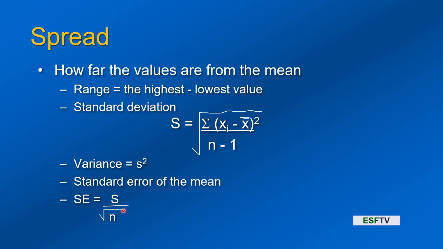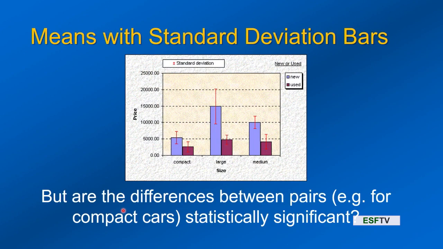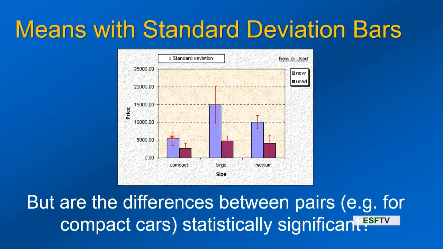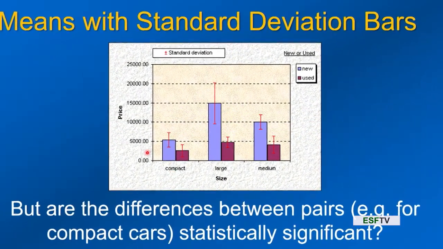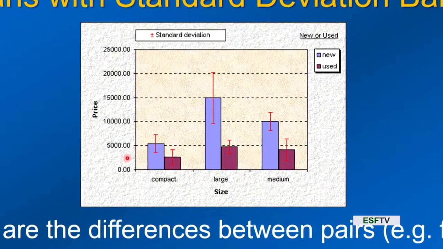So, okay. Here's a couple of examples. This is a data set that looked at the price of vehicles when you leave the lot. So brand new is in blue; for a compact car, it might be around $5,000. I bet this is an old data set.